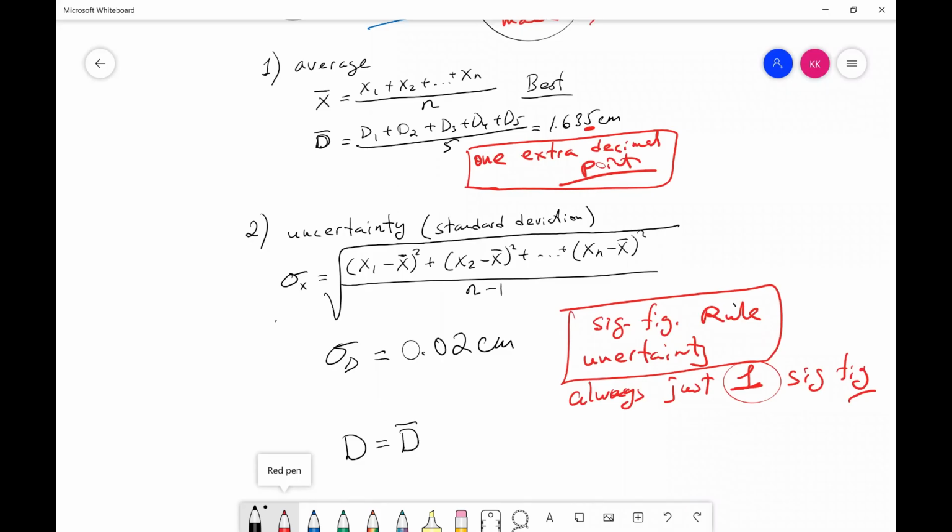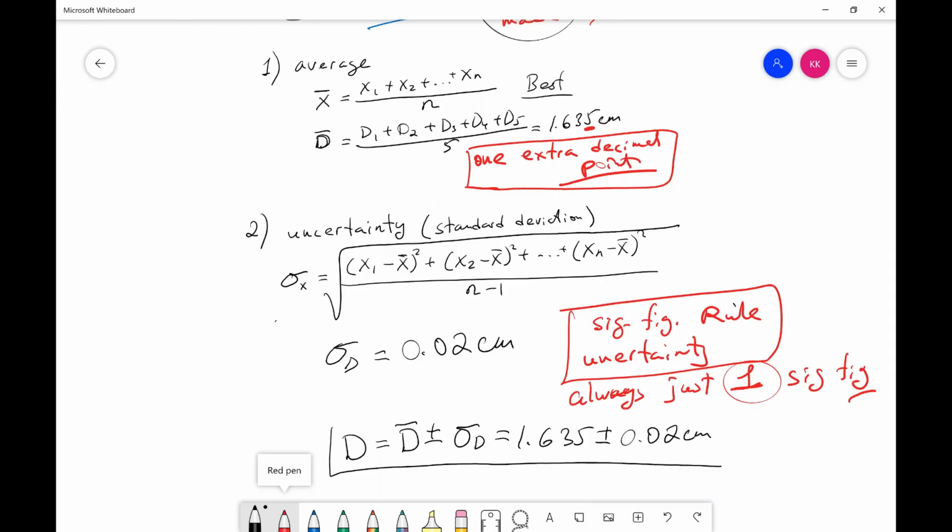But because of the random errors involved in the measurement, technically there is a possibility that this number could have been as high as the uncertainty of that, or as low as the uncertainty of that. That means what we have is this, it's 1.635 plus minus 0.02 centimeters.